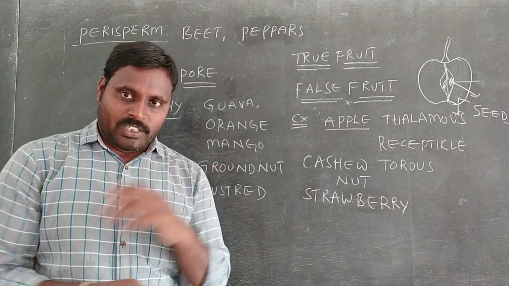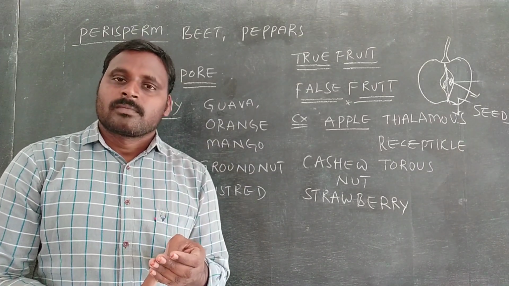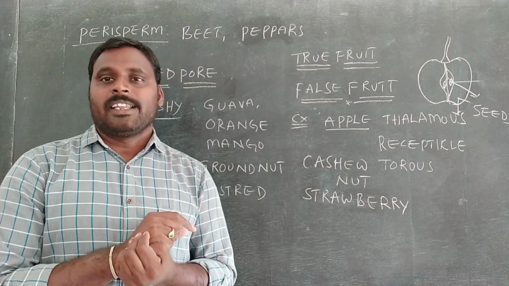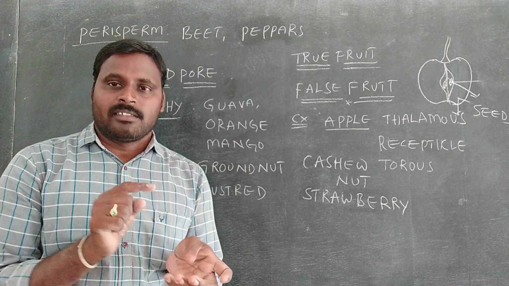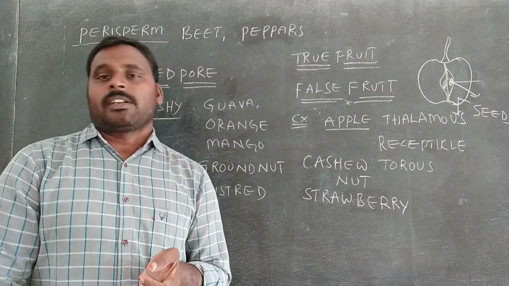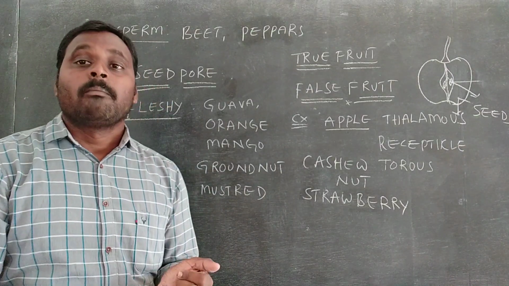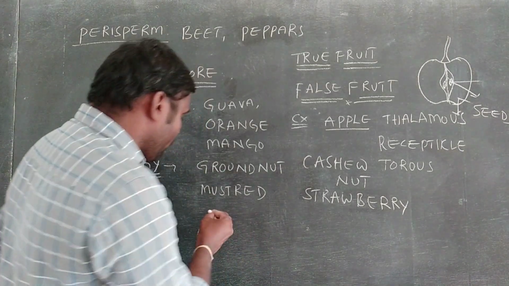But one more thing: in some plants, fruits are formed without fertilization. Those fruits are called parthenocarpic fruits.